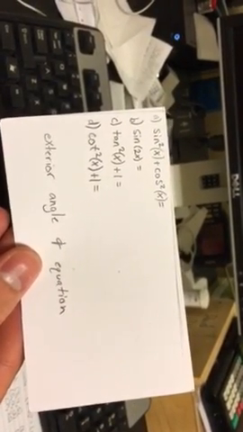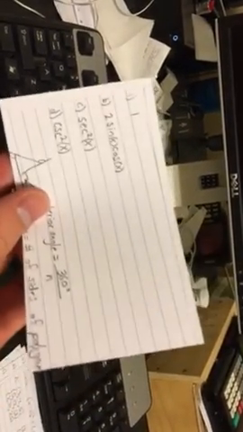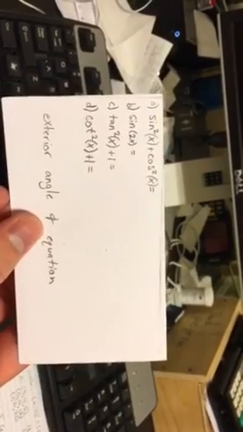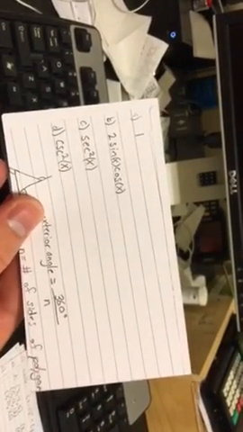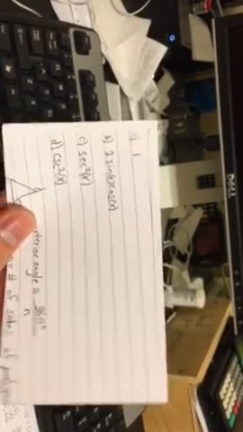Some more trigonometry. All right, so sine squared x plus cosine squared x is equal to what? 1, right? Yes. Then sine 2x is going to equal 2 sine x times cosine x.